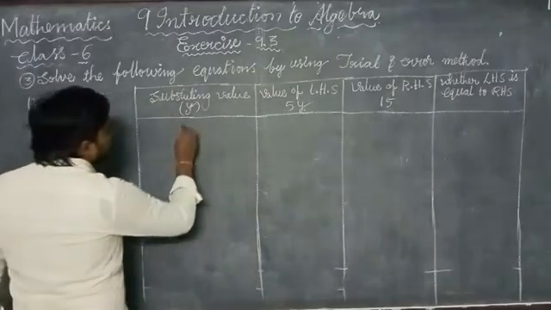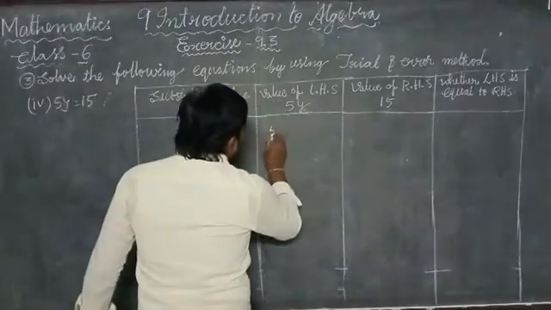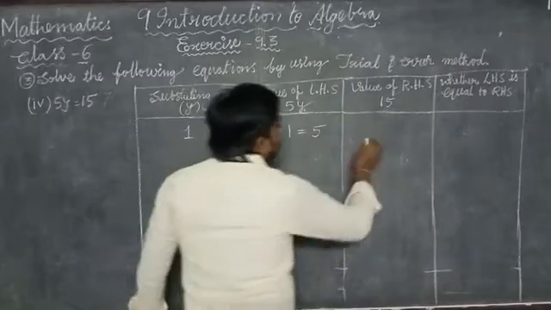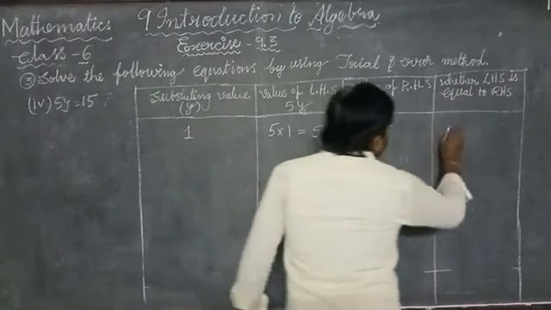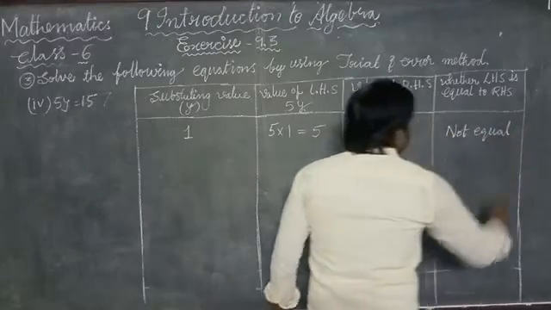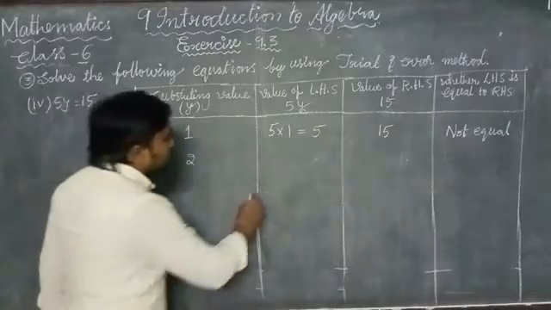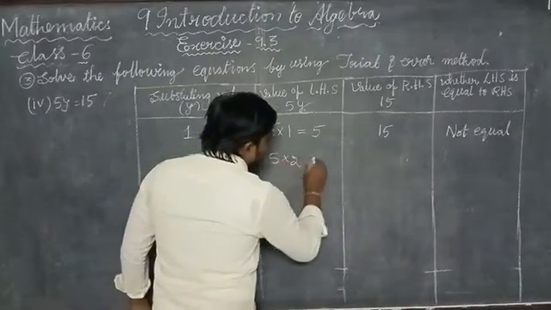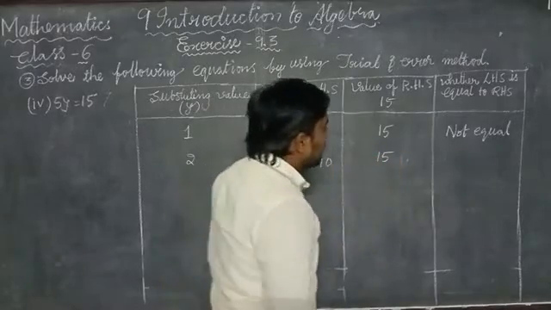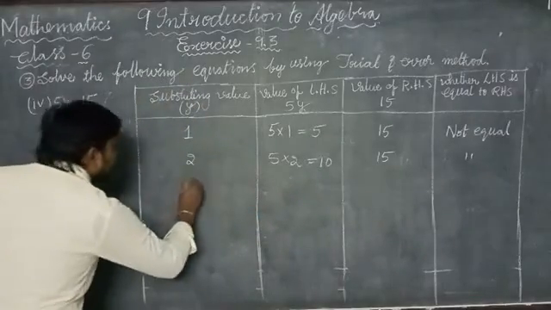Now let us assume that the value of y equals 1, then the value of LHS is 5 into 1, which is 5. 5 is not equal to 15, so it is not equal. Now let us assume y equals 2, then 5 into 2 equals 10. 10 is not equal to 15, so it is also not a solution.